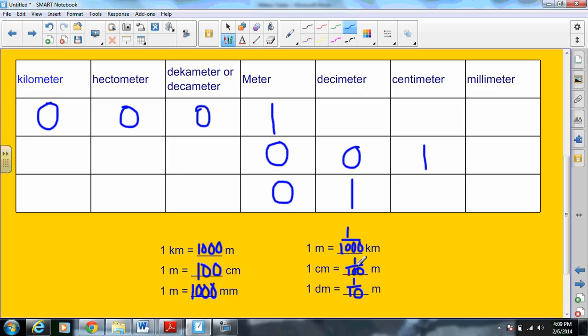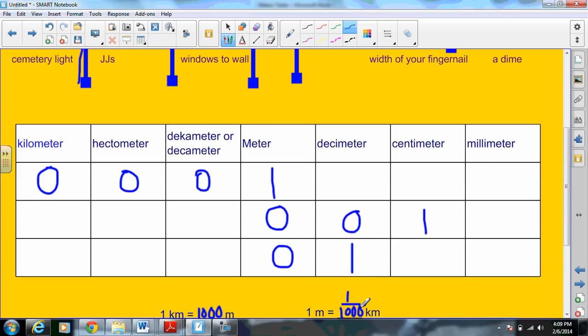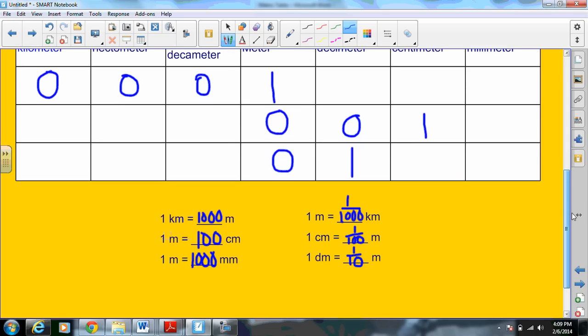I would need 100 centimeters to equal a meter. I would need 1,000 meters to equal a kilometer, which is the same thing this is kind of saying over here. So hopefully using the table will help you be able to figure it out. We'll do more of this tomorrow, but I will ask you some practice questions today.